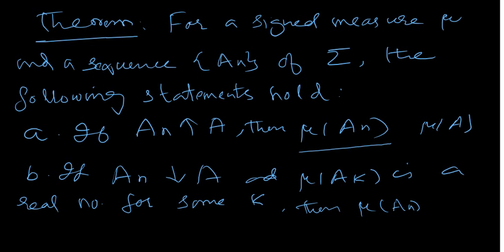This limit, okay, its limit is mu of A. It's not increasing or decreasing because we have not seen whether this signed measure is monotone or not. So we cannot say that if An is an increasing sequence then the corresponding sequence is also increasing. This cannot be said here. So this limit of mu of An is equal to mu of A, and in this case also the limit of mu of An is equal to mu of A.